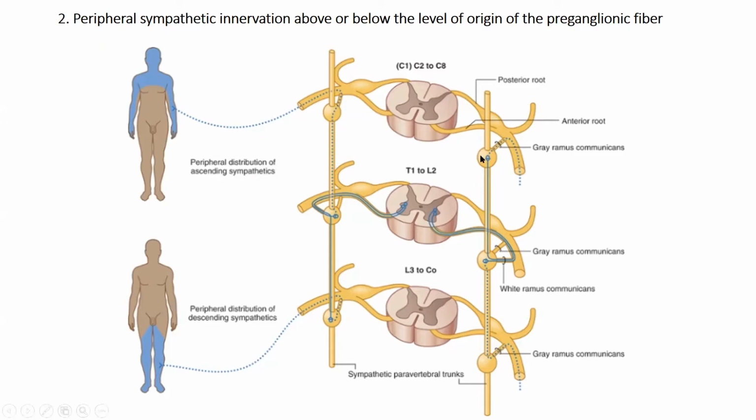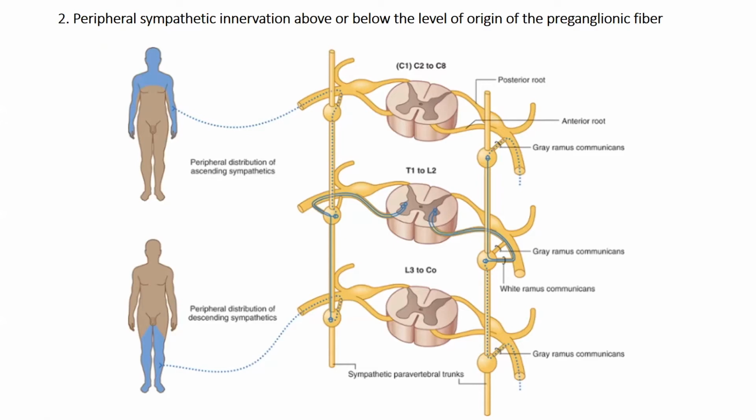There they synapse and enter the area of the effector. It means that they supply the blood vessels, sweat glands, and the small smooth muscles, for example, at the upper eyelid and the dilator muscle of the pupil.